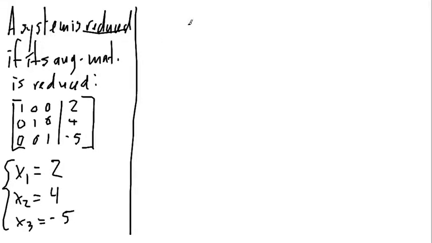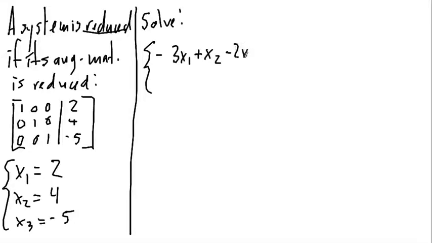So our example here is we would like to solve the following system. The system is we've got -3x1 plus x2 minus 2x3 is equal to 0. Let's see, what else? I already messed this up.